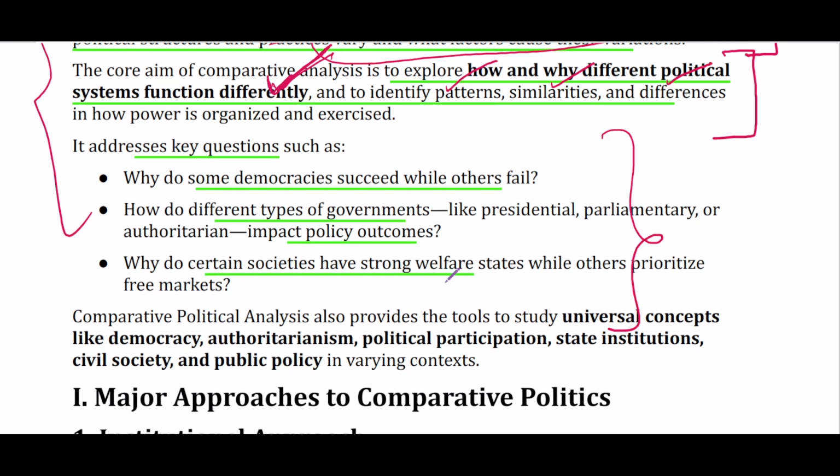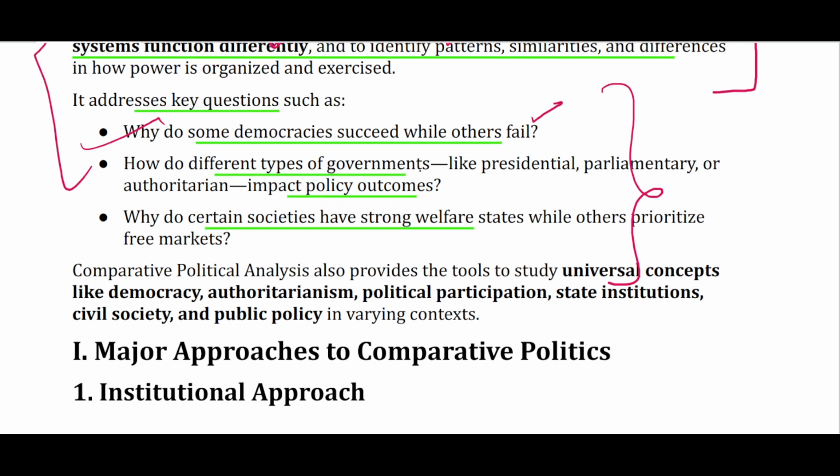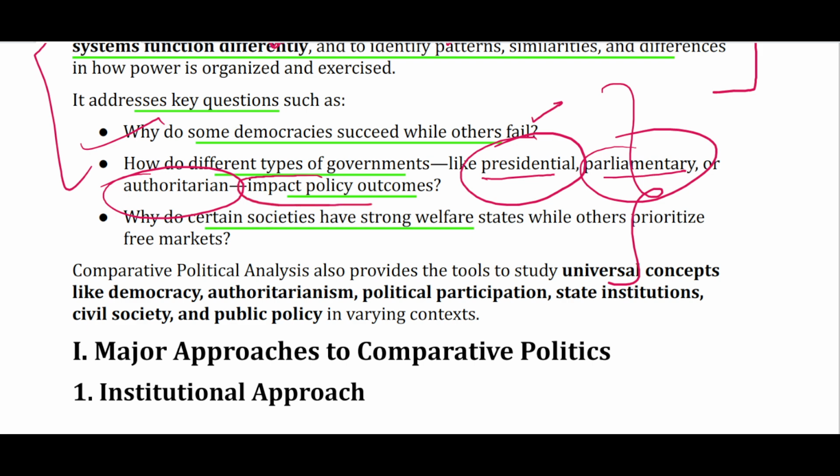And finally, comparative political analysis addresses key questions such as why some democracies succeed while others fail, and how different types of government like presidential, parliamentary, or authoritarian government impact political outcomes. It also addresses whether having a presidential form of government, or a parliament, or any authoritarian dictatorship can impact policy outcome or yield different outcomes in a better way.